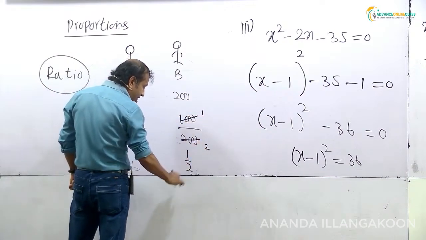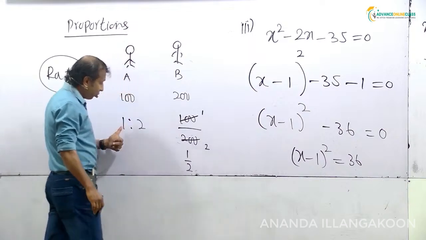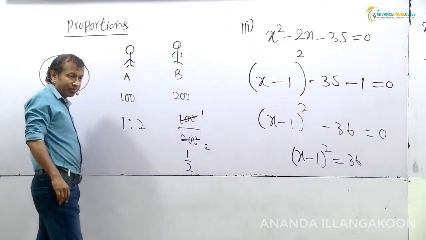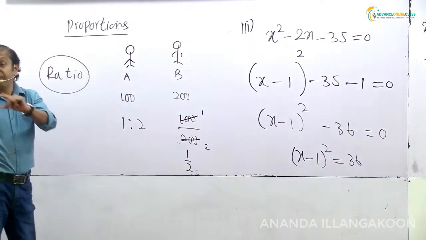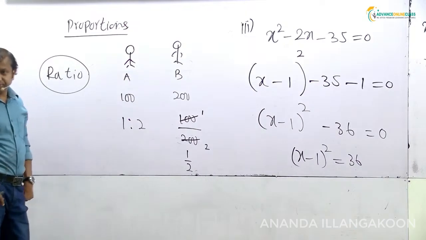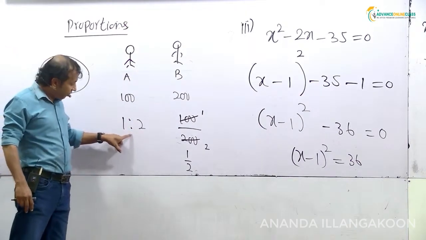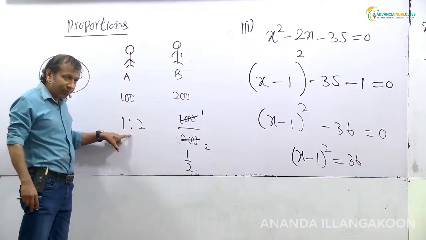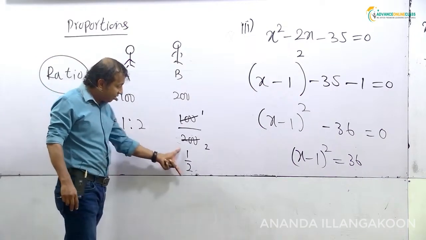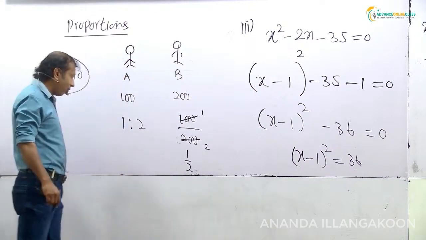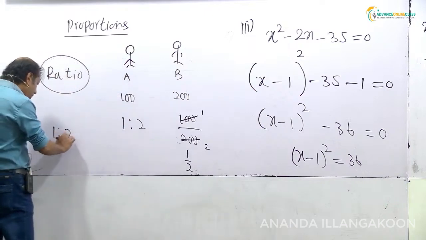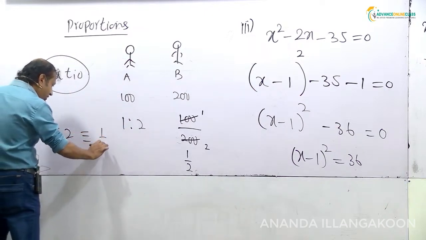Then this fraction, half, you wrote as 1:2. Remember, people, a ratio means a fraction. 1:2 is the way of writing the ratio. It is the fraction half. Therefore, 1:2 we can also write as the fraction half.